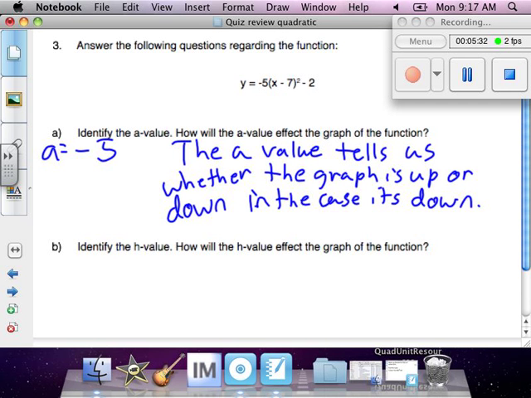What else does the A value tell you? It tells you one more thing. You guys probably aren't real aware of this. It also causes the graph to have a vertical stretch. Write all this down.